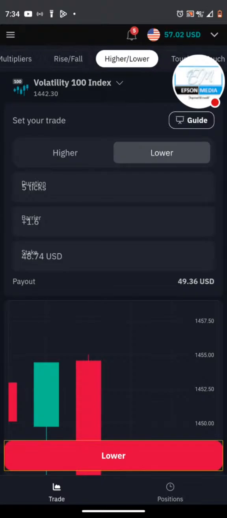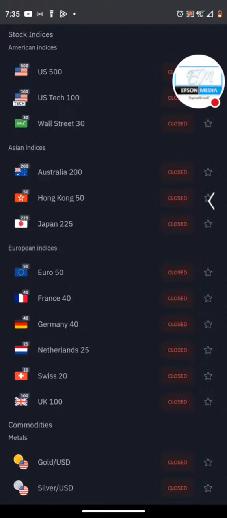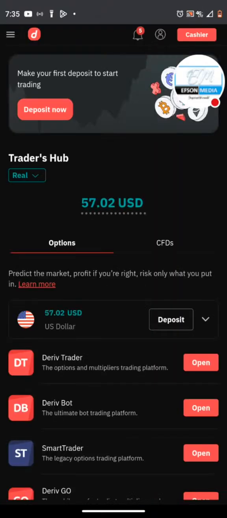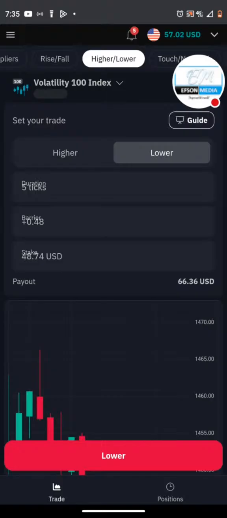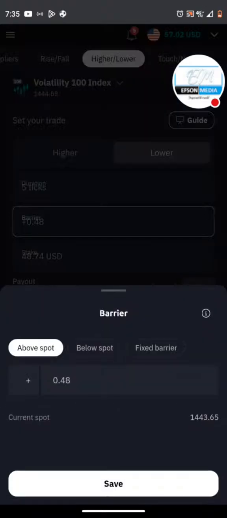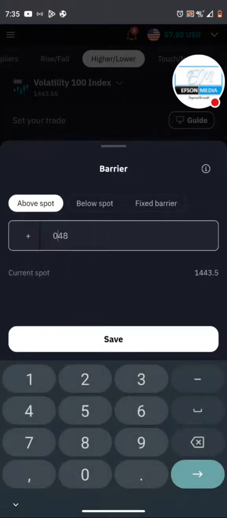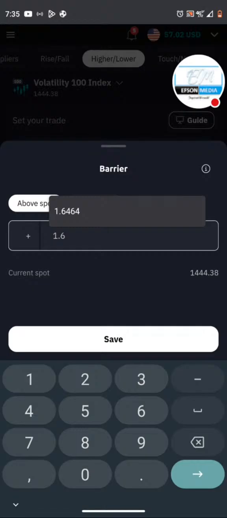If you're on the platform, you just scroll from right to left and select the higher and lower. Then you set the barrier to 1 point. This one is 1 point. I'll set mine to 1.6. Now I'll save it.